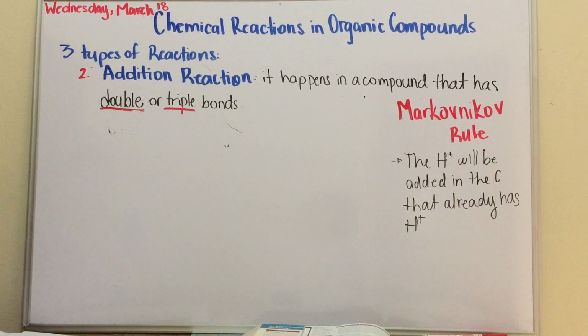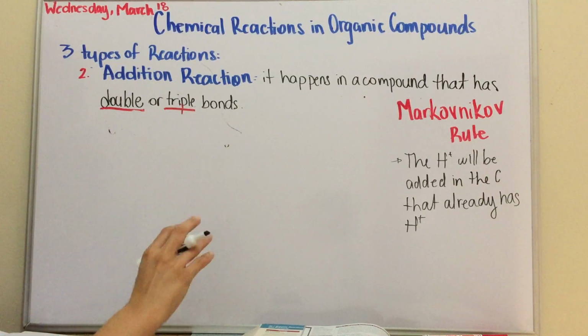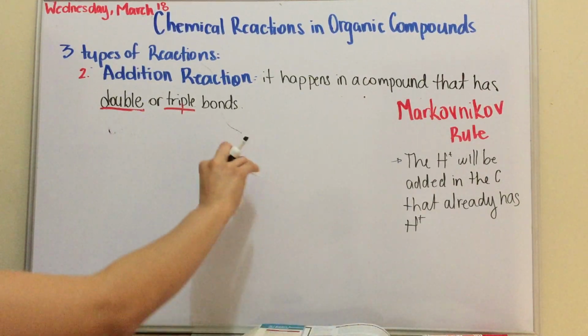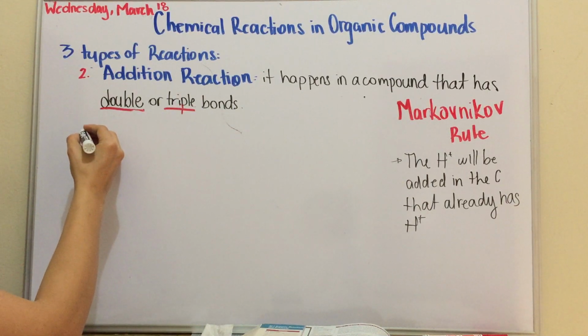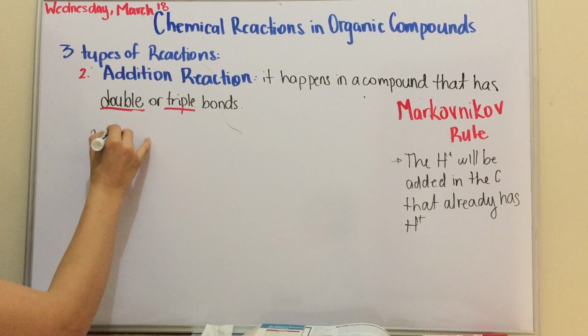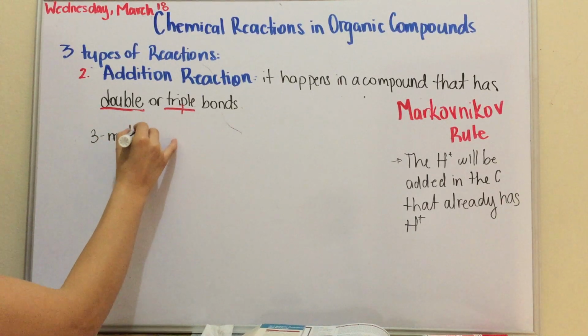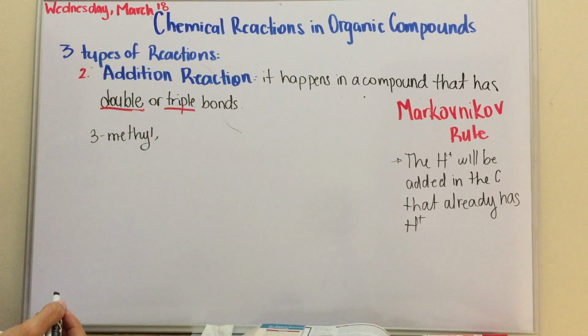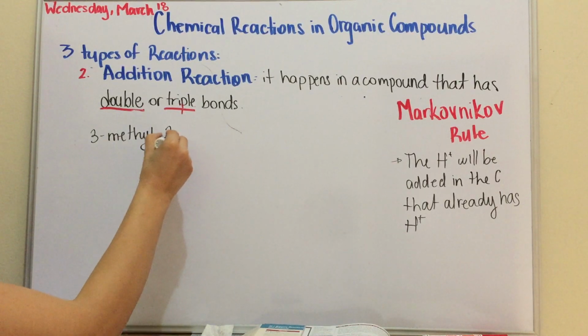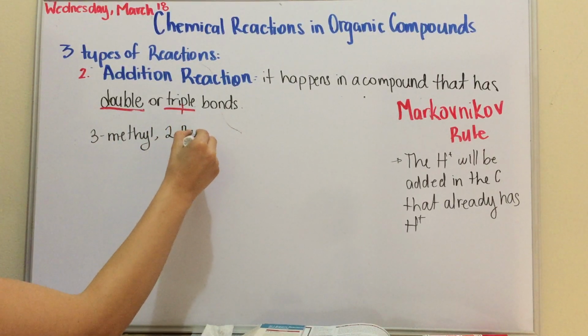So let's make this example. This is how you're going to look at it when we are making a quiz or an exam. All right, let's say I have 3-methyl, comma, 2-butene.